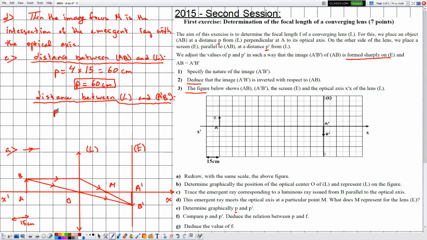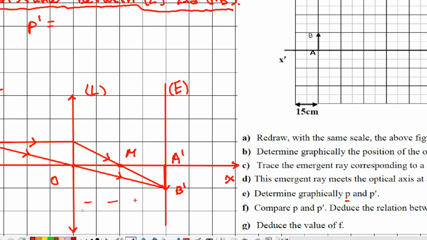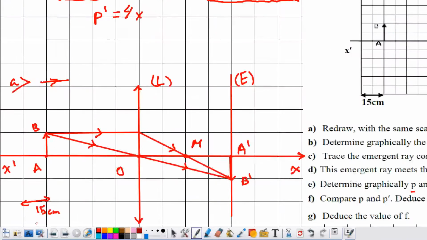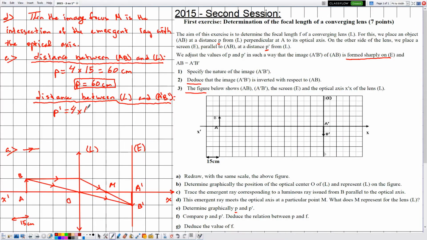Now the distance is denoted by P prime. It consists of 1, 2, 3, 4 divisions, and we multiply by the scale along the x-axis. And this will give me 60. Because the scale is in centimeters, the value of P prime will be in centimeters. Therefore, P prime is equal to 60 centimeters.